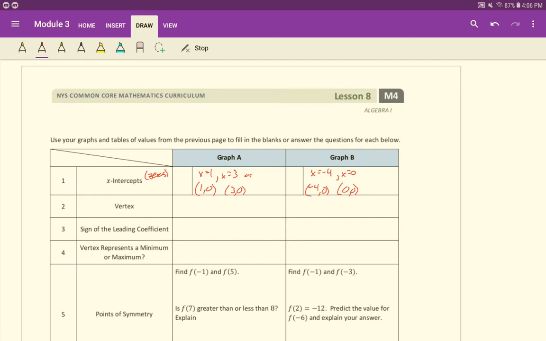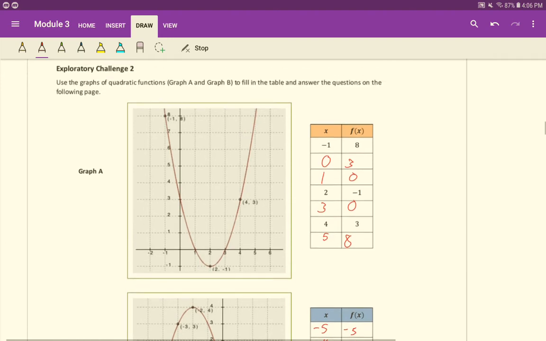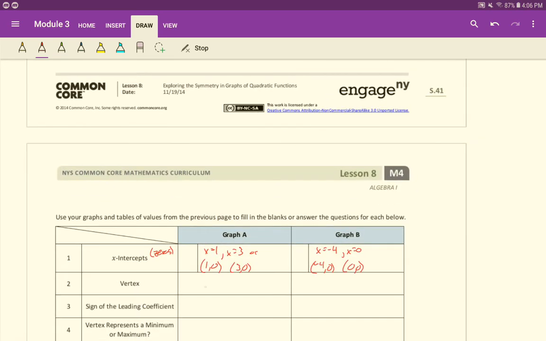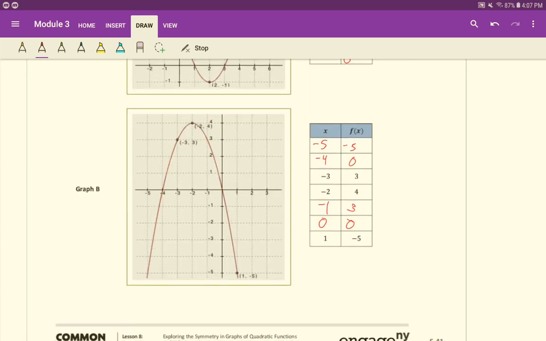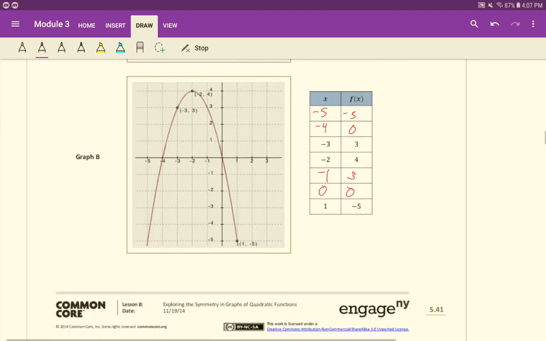Now the vertex for graph A, back up here to graph A. Where's the vertex? It's this point right here, and it's already labeled for us. Nice, (2, -1). How about the vertex for graph B? Go ahead and do that one. (-2, 4).